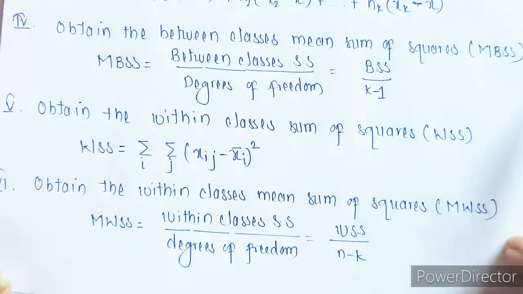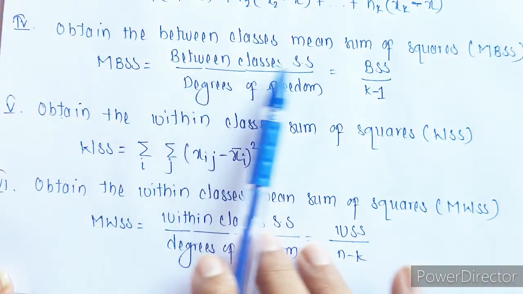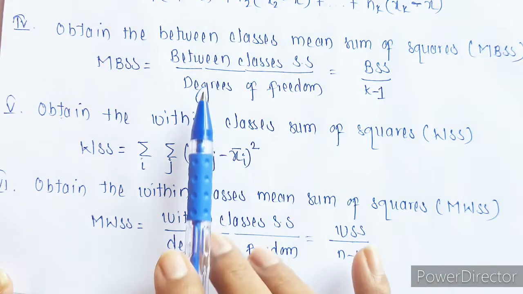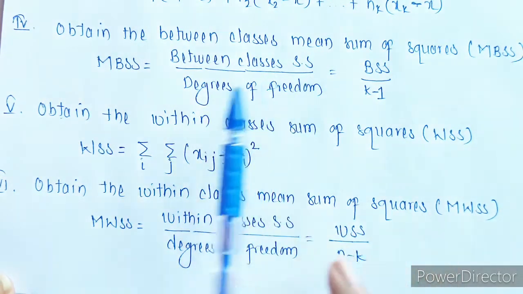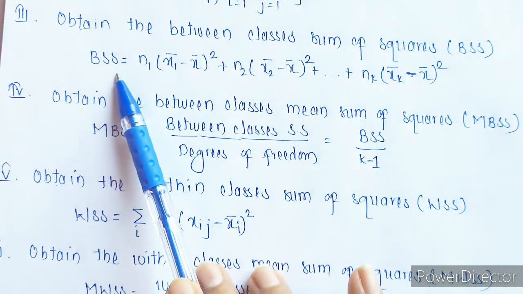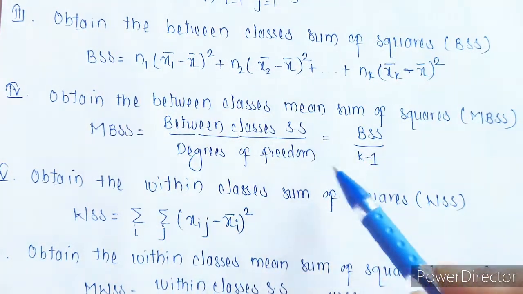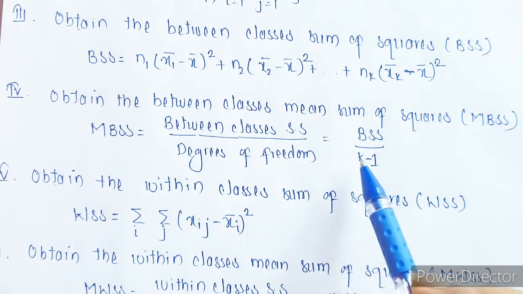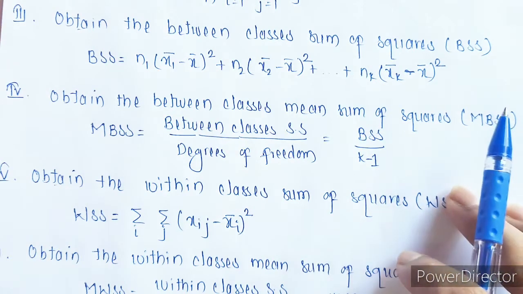And fourth step, we have to obtain the mean of this between classes sum of squares. So it is nothing but the between classes sum of squares, the value we obtained in the previous step, this BSS, divided by the degrees of freedom, and that is the mean of between classes sum of squares.